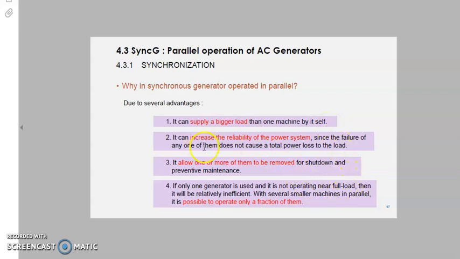So it can increase reliability in the power system, since the failure of one unit will not cause any harm to the total grid. It also allows one or more of them to be removed or shut down for preventive maintenance, because we do not expect the machine to be damaged first, then repair.